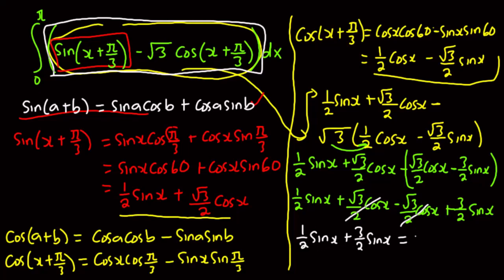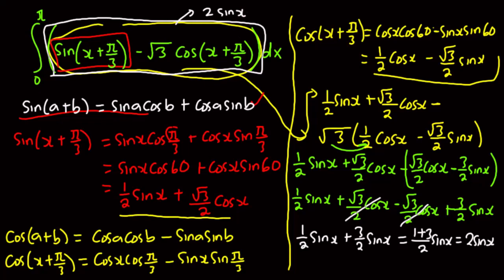So this is the same as 1 plus 3 over 2 sine x, which gives us 2 sine x. So this whole expression, the simplified form, is just 2 sine x.